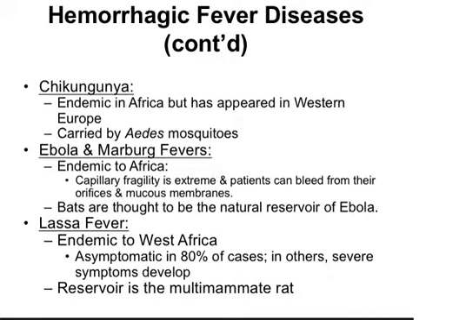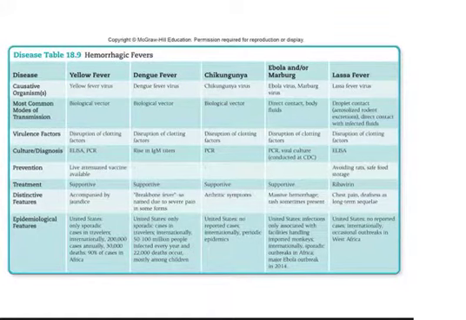The reservoir is the multi-mammate rat. And here you can see the rundown on the different hemorrhagic fevers. Again, all characterized by the production of massive loss of blood as a result of damage to soft tissue as a result of the vector's growth.